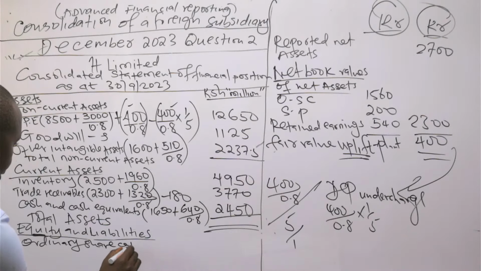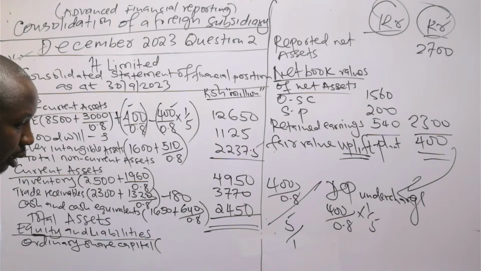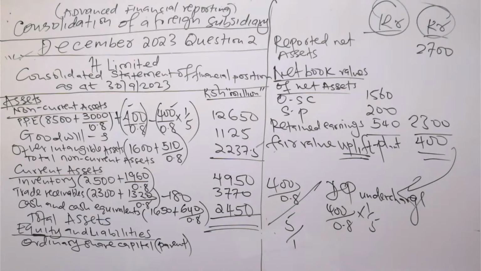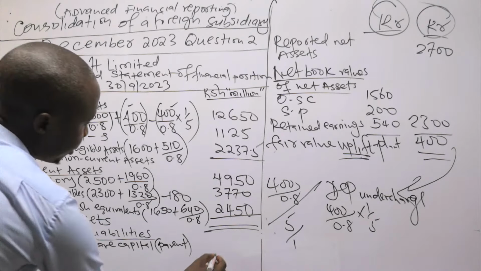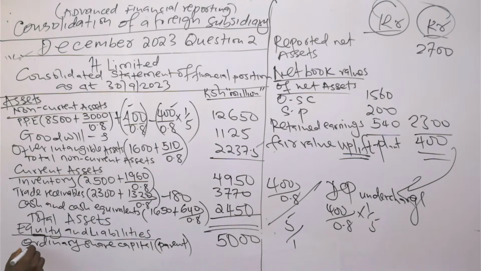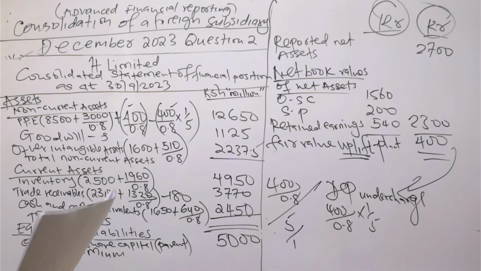So ordinary share capital, you pick the value of the parent. So the value of the parent, that is 5,000. Same with share premium. Pick the value of the parent. So the value of the parent for the share premium is again 2,000.